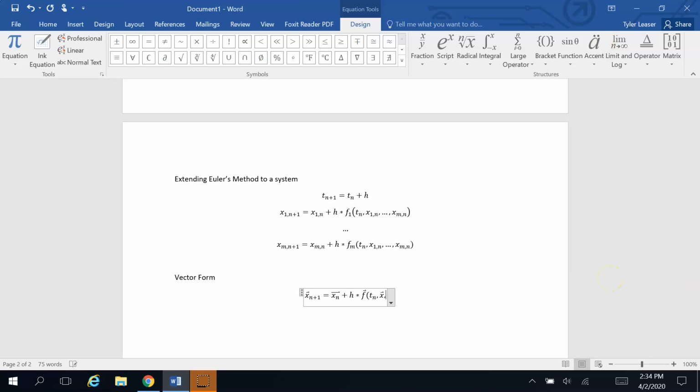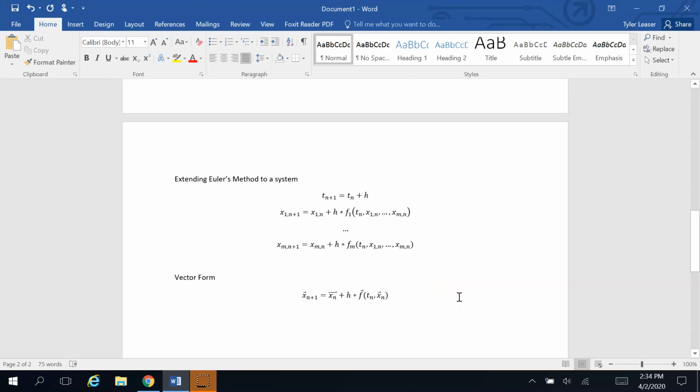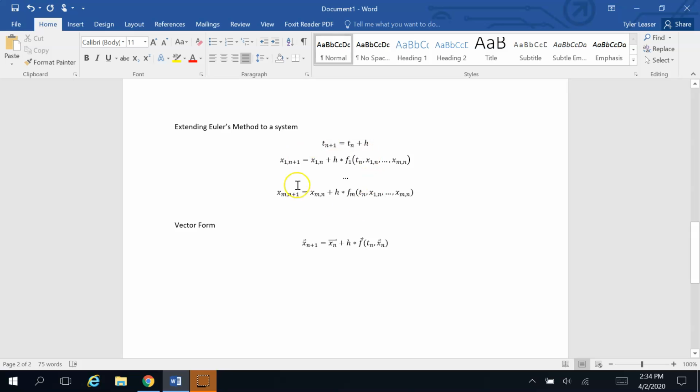And this is at the previous step as well. Okay, so this is what the system Euler's method is, but in vector form. It looks a little bit nicer, but it's really just the same stuff, just not quite written all out.